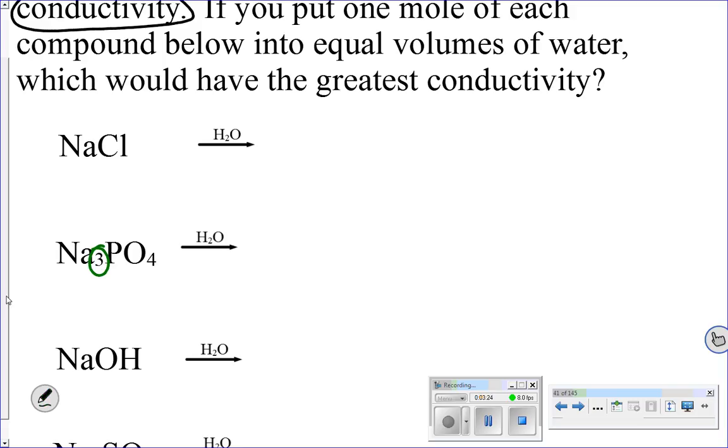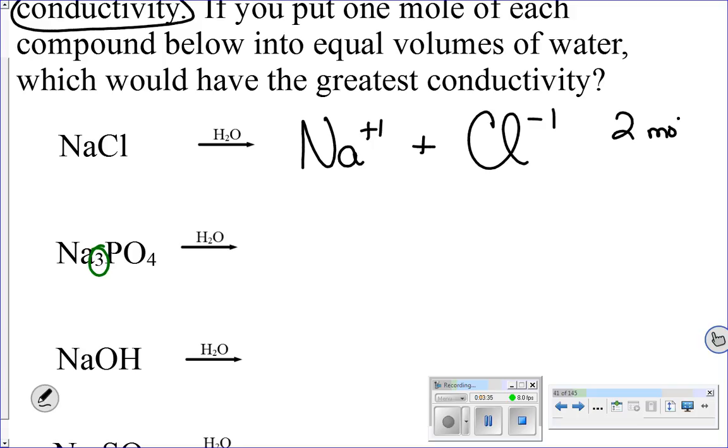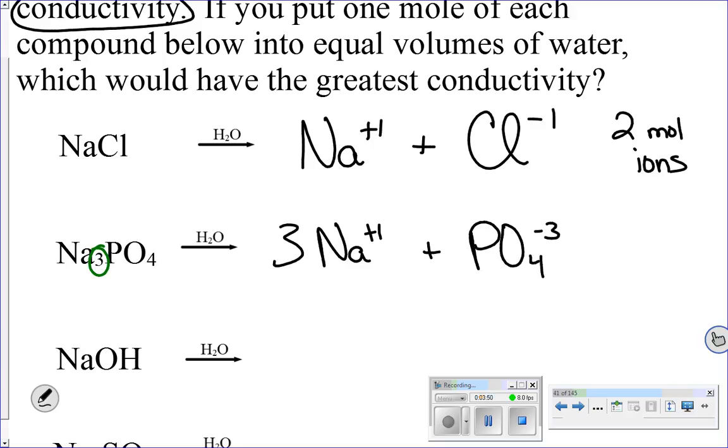So sodium chloride, as we mentioned, gives us Na and Cl. This produced 2 moles of ions. So 1 mole of NaCl produces 2 moles of ions. 1 mole of Na3PO4 will produce 3 sodiums and 1 phosphate, which is a total of 4 moles of ions.